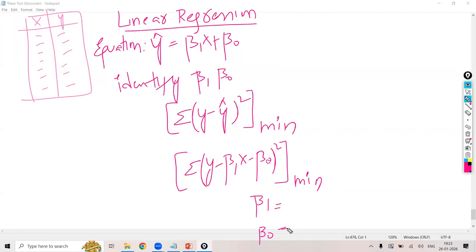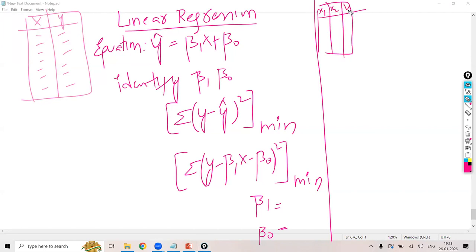First you expand this equation, then you apply dy by dx, and automatically you will get beta 1 and beta naught. Yes? Done.